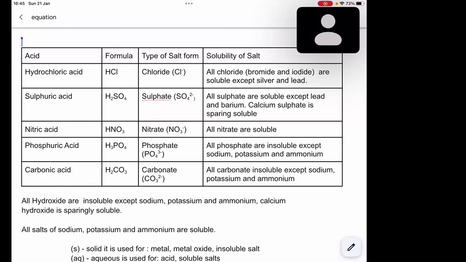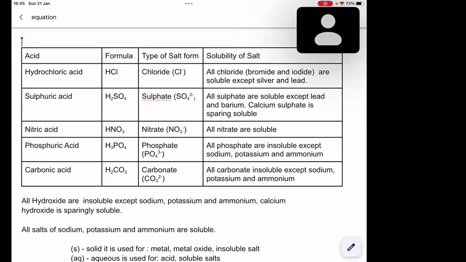Carbonates, H2CO3, form carbonate salts, and all carbonates are insoluble except sodium, potassium, and ammonium. So all of these salts are insoluble except sodium, potassium, and ammonium.